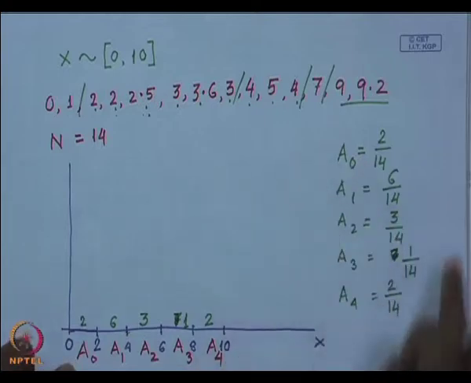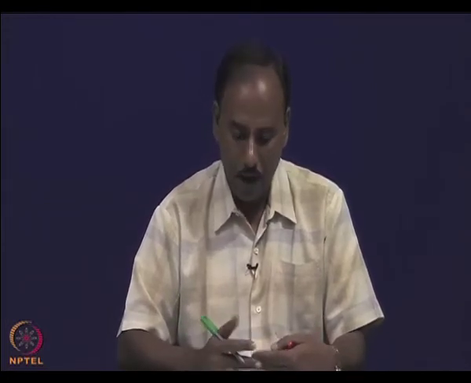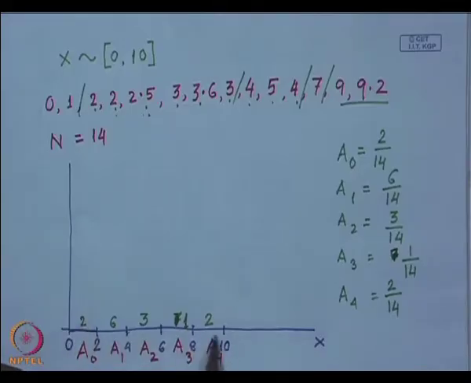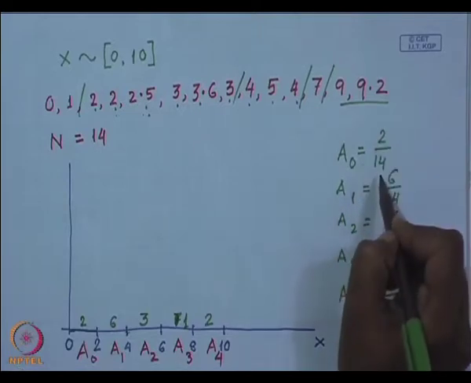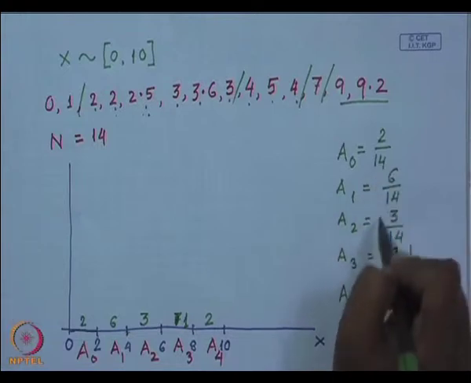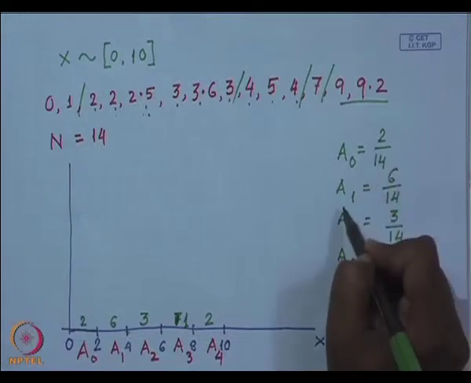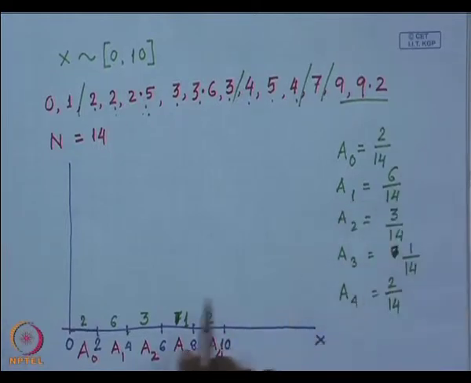And from this, now I can compute the probability density in different bins, because that is nothing but the area divided by width, and I have assumed that every bin has the same width, equal to 2. So, if I divide A 0 by 2, which is the width, I get the probability density estimate in the 0th bin. This divided by 2 gives me the probability density estimate in the first bin and so on.